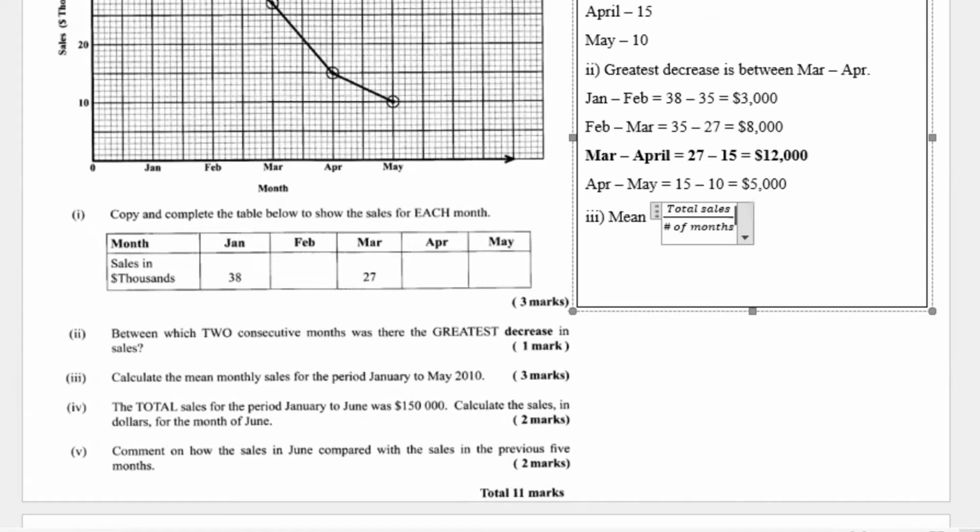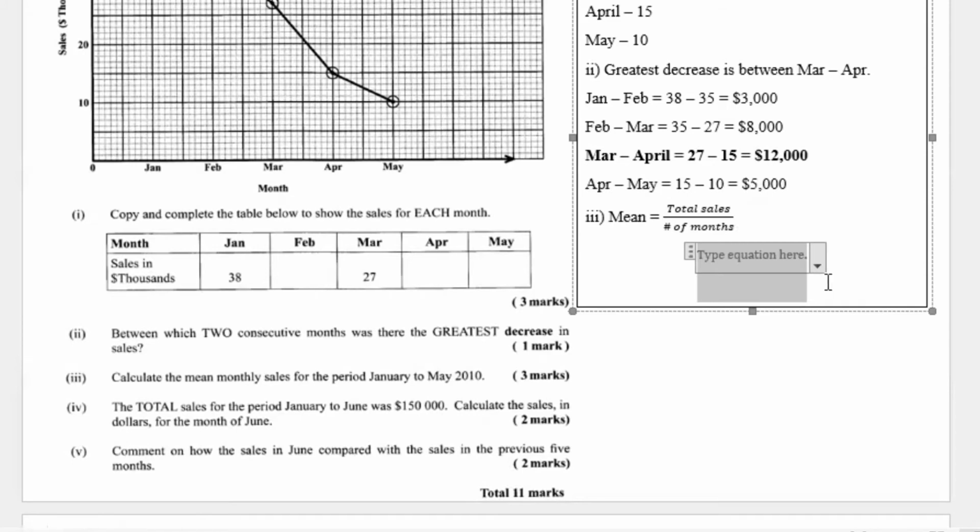So we're looking at the total sales from January to May, because it says calculate the mean monthly sales for the period of January to May. So we're looking at the total sales from January to May divided by the total number of months. And that is our formula for mean.